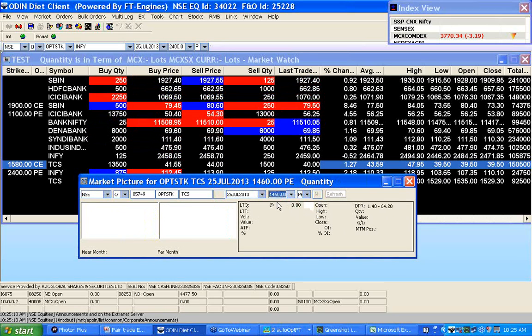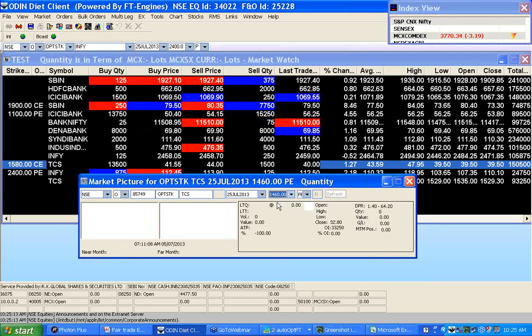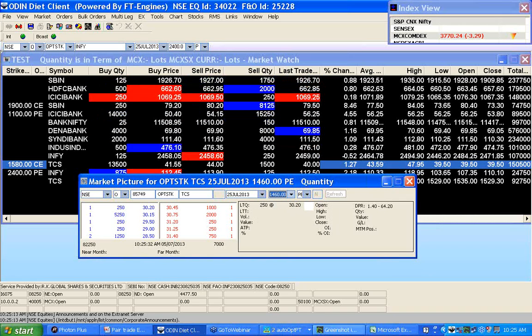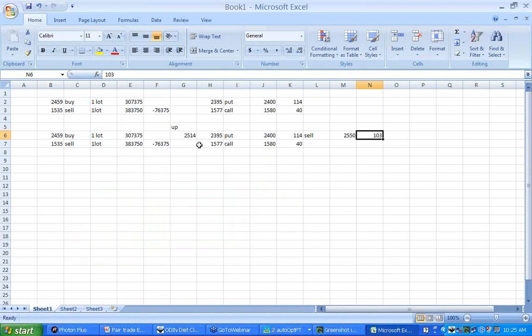I can still go about 20 rupees lower also. So the 1460 put option, let me see, is 30 rupees. I sold at 1486 as my downtrend; if it falls, I will be at a profit. So this is my downtrend for TCS, and I am selling the 1460 put option at 30.